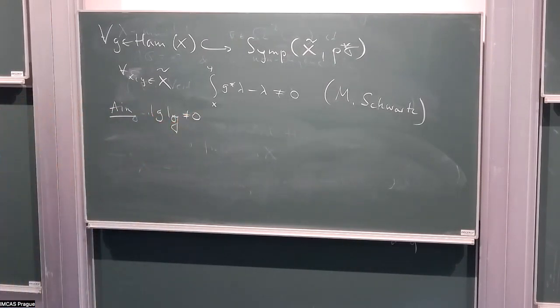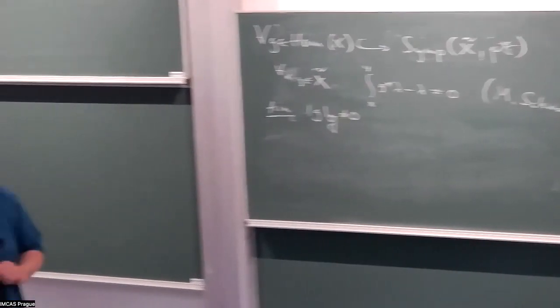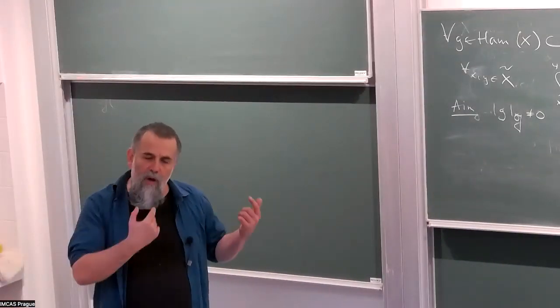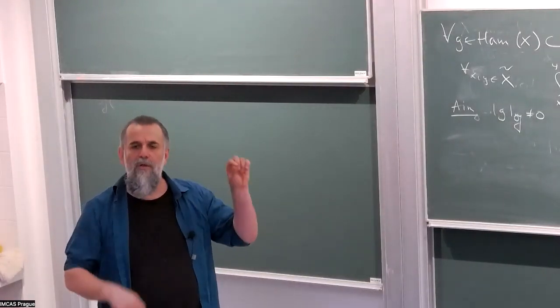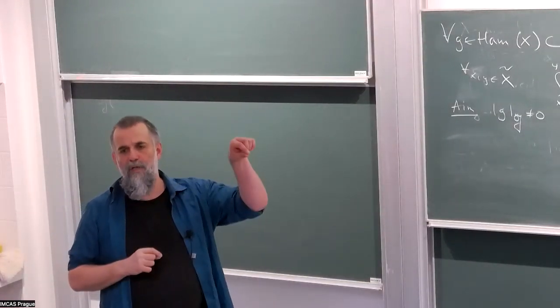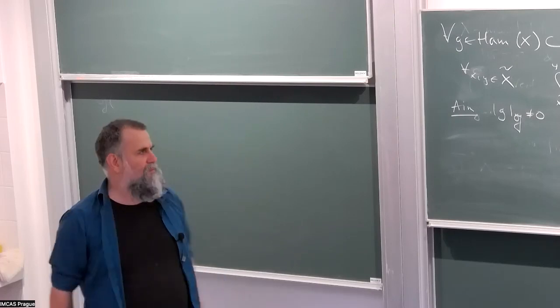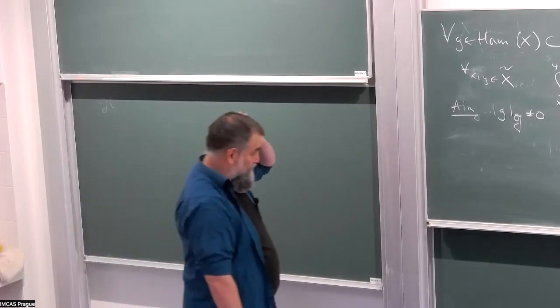In a moment, I will show you. Okay. So we start from G. We have those 2 points, X and Y. And we know it's easy to construct for any 2 points a Hamiltonian map which moves one point to the other. It doesn't need to be written.